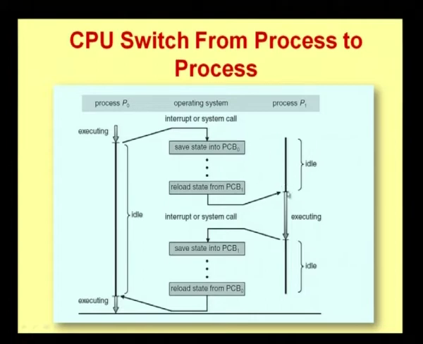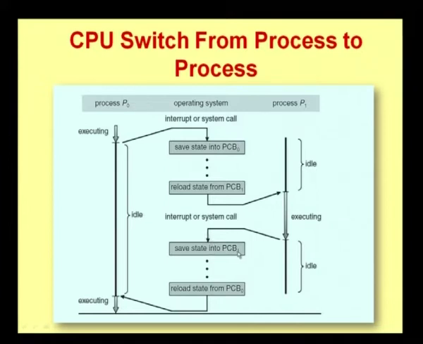Supposing this process P1 is of higher priority, it gets loaded. So we get an interrupt call. Till this process P1 executes, this process P0 comes to an idle state or a waiting state.